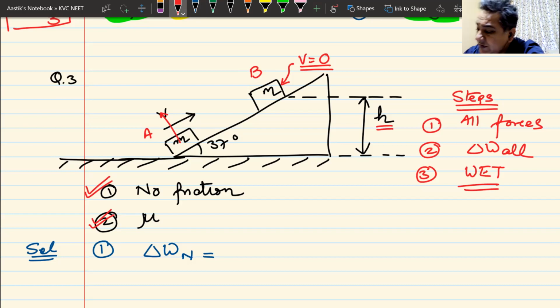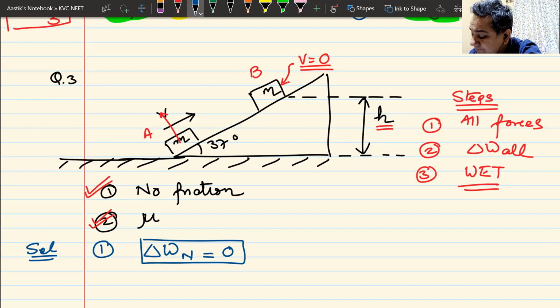So in any case, whether it is moving up, whether it is moving down, whether it is moving on a horizontal floor, whether it is moving on an inclined floor, the work done by normal reaction will always be 0. We understand this, yes or no?